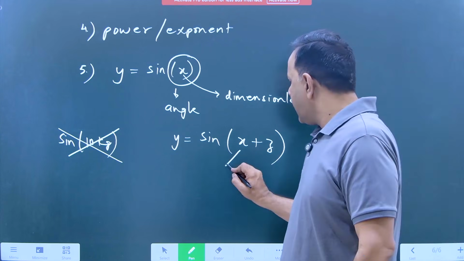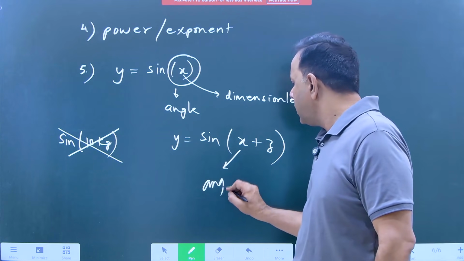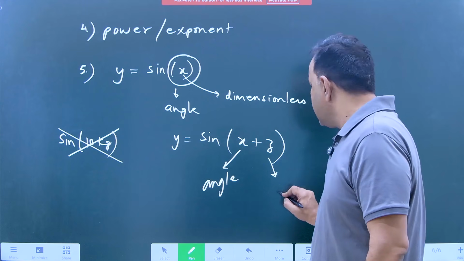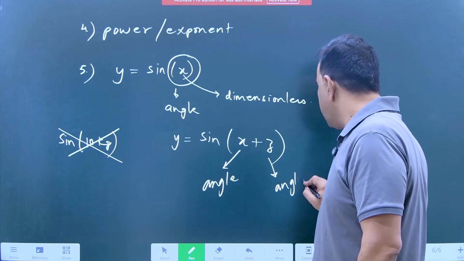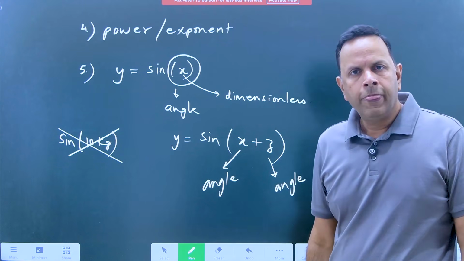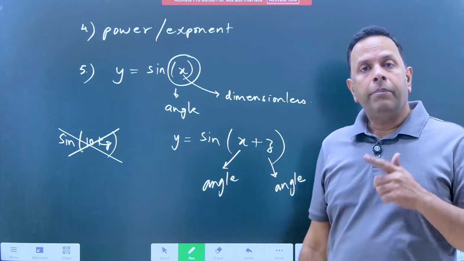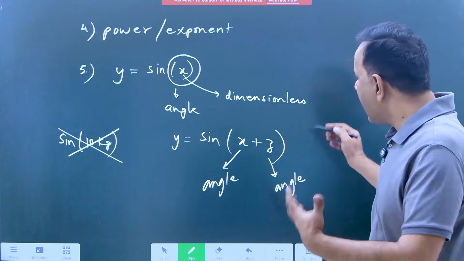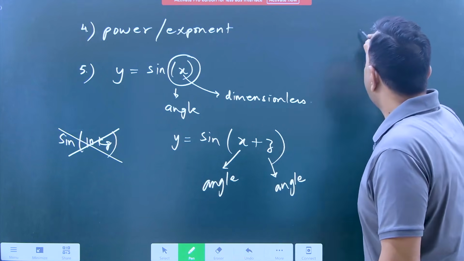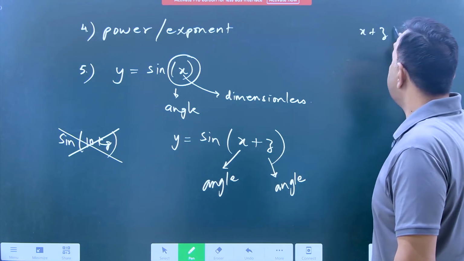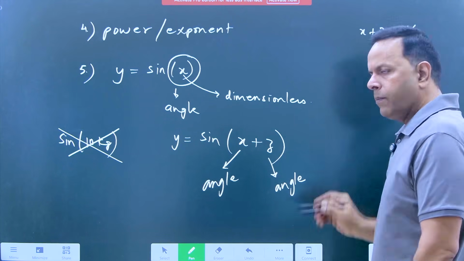I'll say x should be an angle, dimensionless. z also should be an angle. Both of them have to be angle. Why? Because I know that as a whole, suppose after adding x plus z, I get a v.